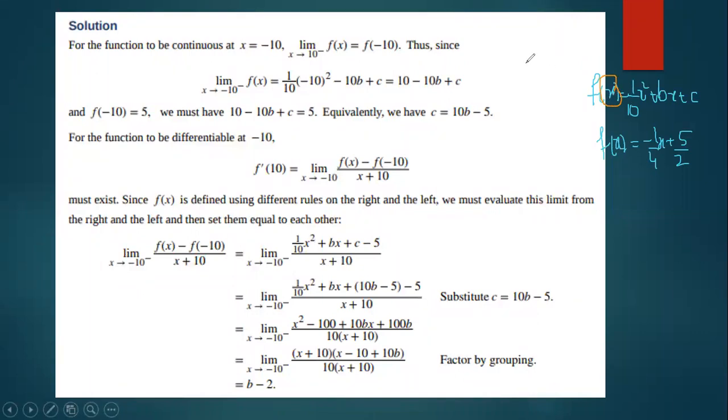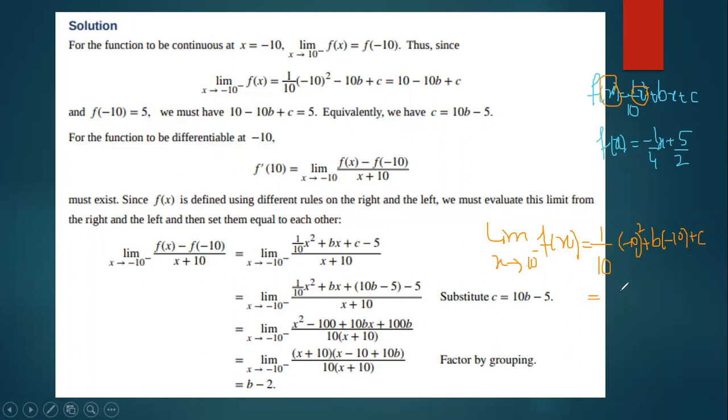First I have to find the limit as x approaches minus 10 of function f of x, which will be equal to 1 upon 10 times minus 10 squared plus b times minus 10 plus c.